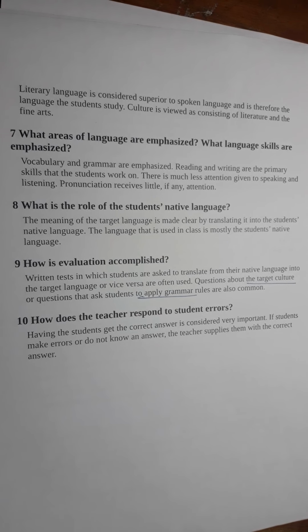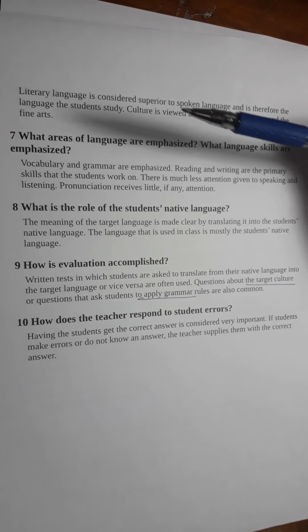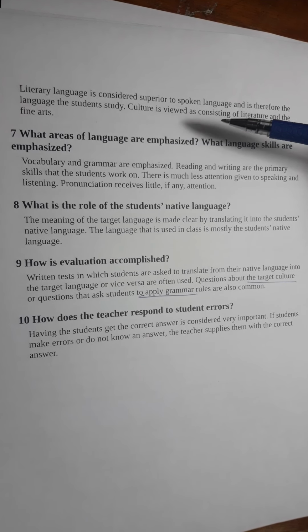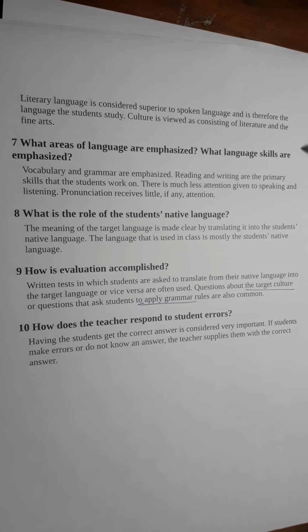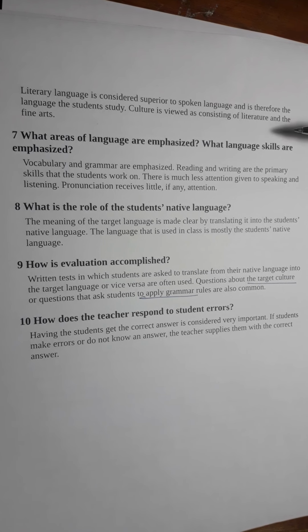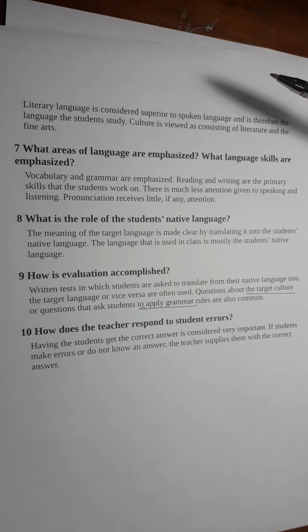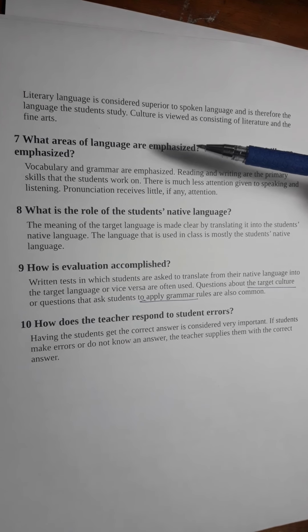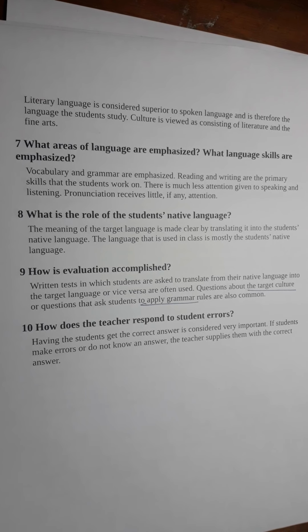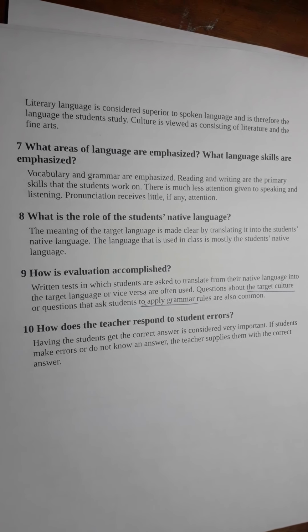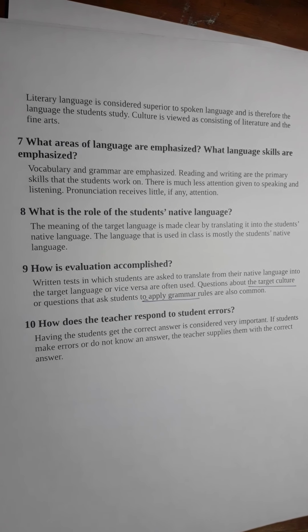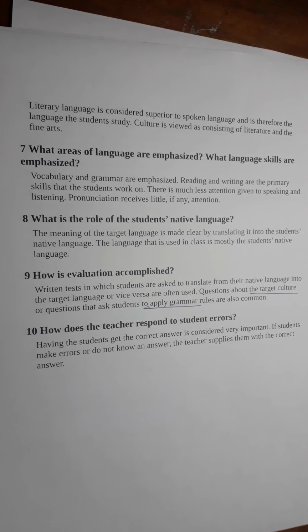Now we move to item 7. What areas of language are emphasized? What language skills are emphasized? We mentioned that as language teachers, we should distinguish between language areas and language skills. Language areas include vocabulary, grammar, and phonology, while language skills include listening, speaking, reading, and writing.